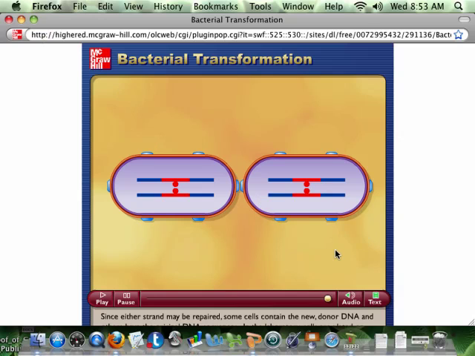In the case of this animation, it's showing you resistance that can be acquired. And this is something that is routinely done in the laboratory to manipulate traits that different strains of bacteria will have.